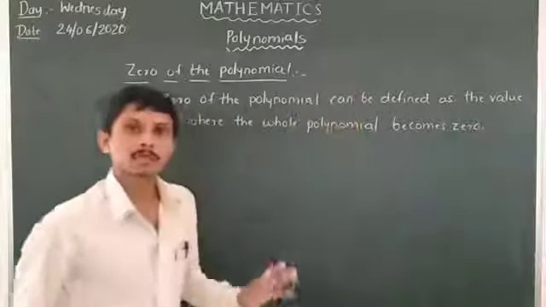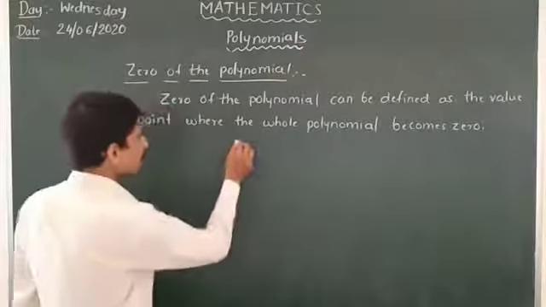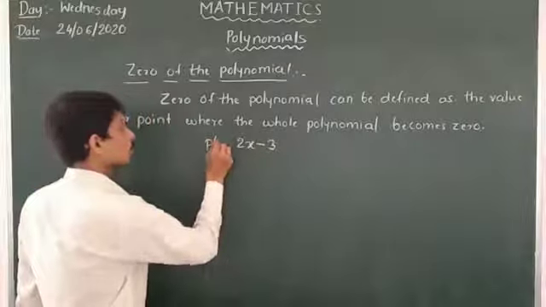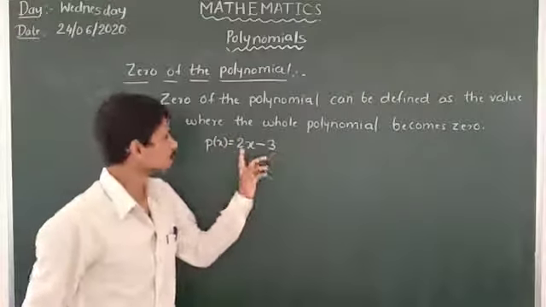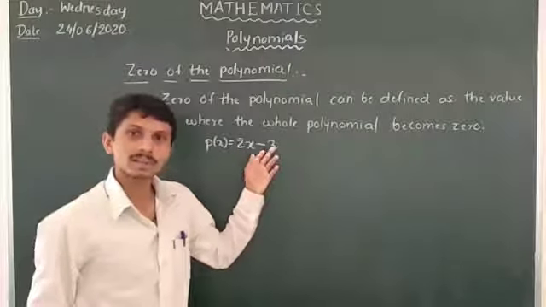Let us understand by taking an example. I will take p of x is equal to 2x minus 3. 2x minus 3 is a linear polynomial having degree 1.